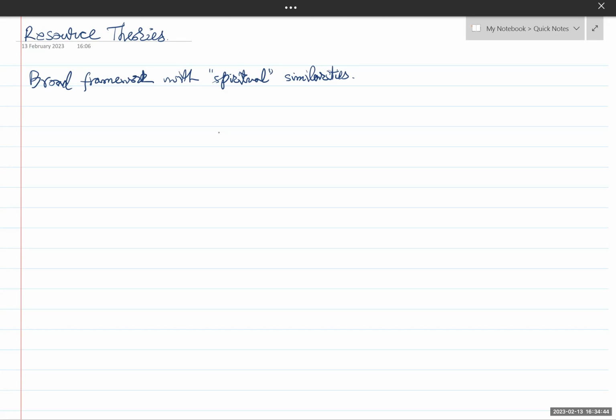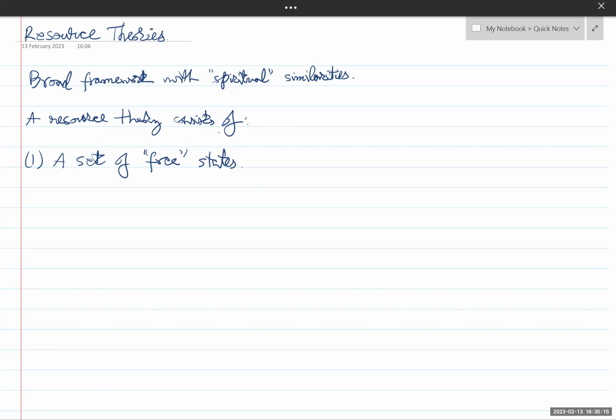So a resource theory consists of, one, a set of free states.